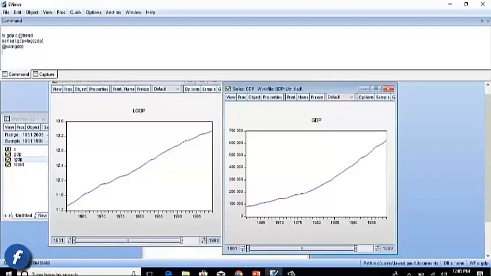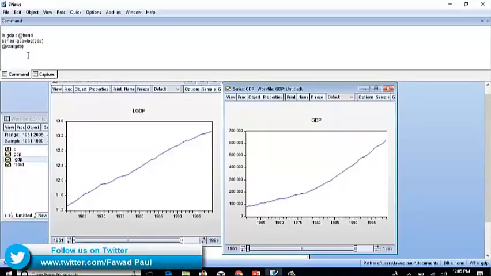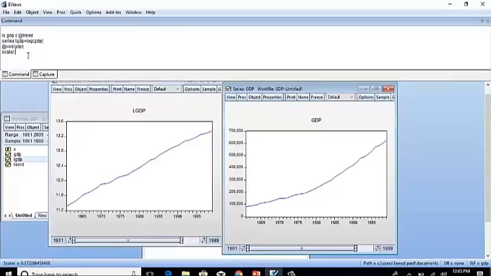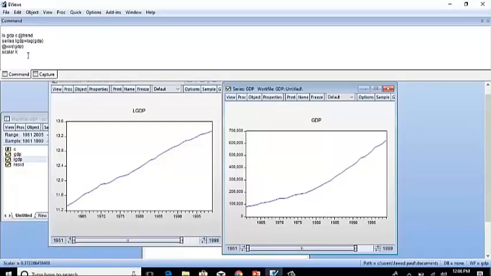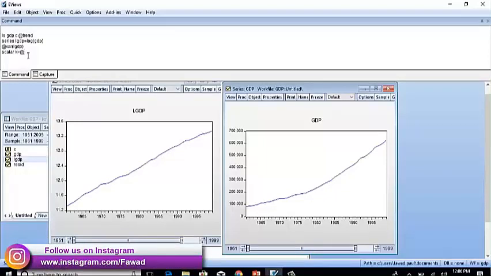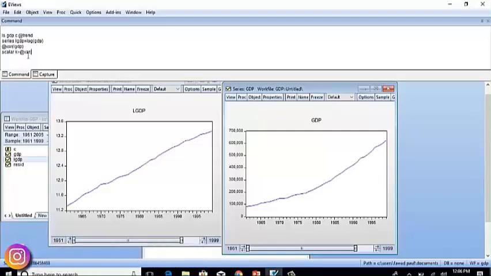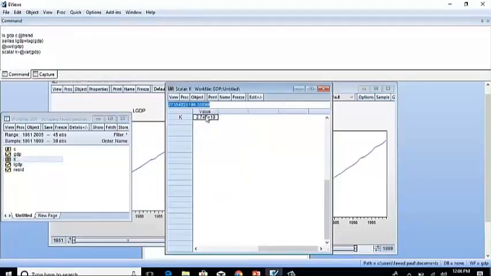If we want to compare the variance of log of GDP and the GDP, this is very easy as well. Just write scalar k. You can take any variable name; I'm taking k. k is equal to @var(GDP), which indicates the variance of GDP.